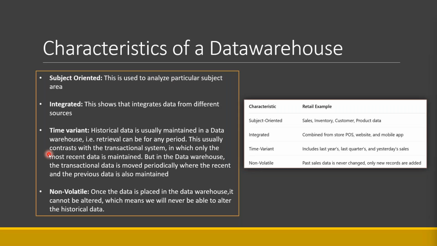But having 10 years of data stored in a data warehouse is a big thing, because we can utilize that data to do the analysis, and we can investigate the data against the newly coming data, just to do the trend analysis and various other business operations. So that is how the time variant characteristic works.